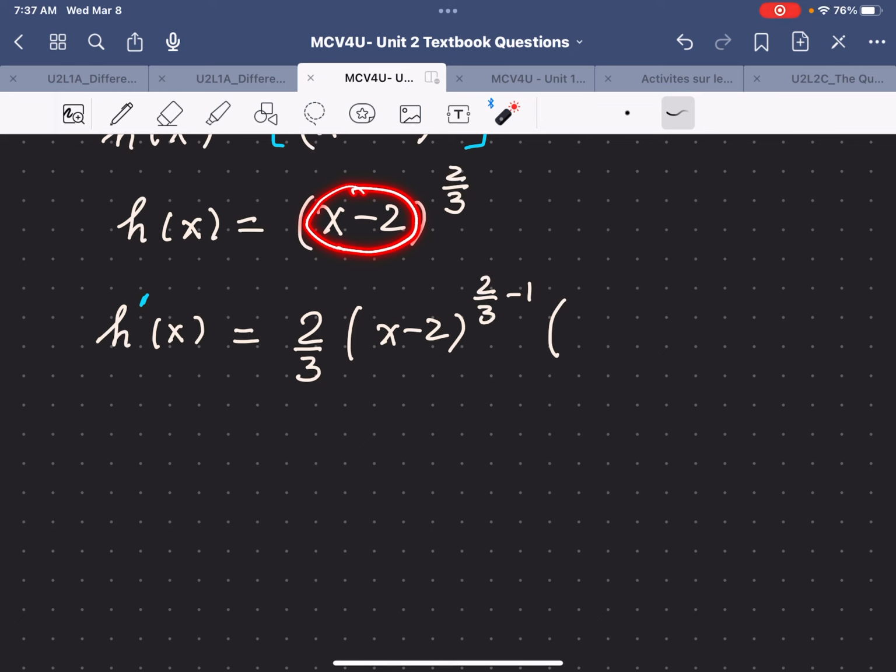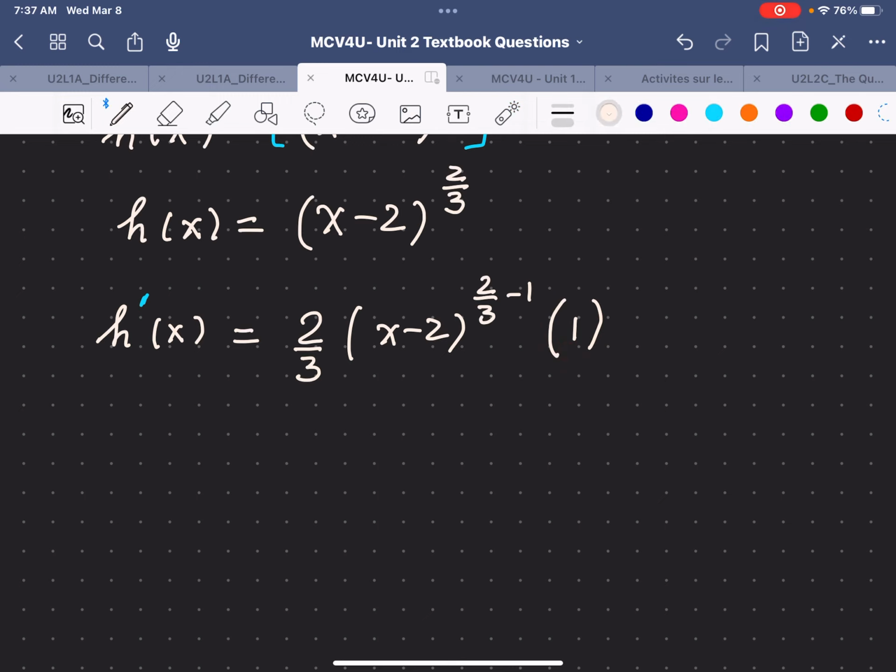Luckily here, the derivative of the inside would be the derivative of x, which is 1, minus the derivative of 2, which is 0. So 1 minus 0 is practically 1, and the multiplication by 1 won't really change the expression. That's the reason I said luckily it is equal to 1, because even if you forgot to differentiate the inside, it still wouldn't change the answer, but you shouldn't forget this, just in case.